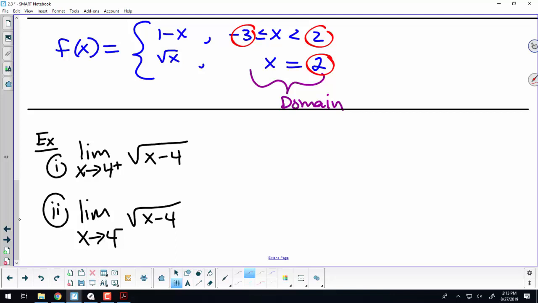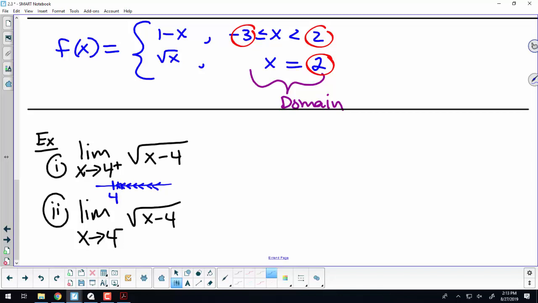So let's just say you forgot what that graph looks like. And this will kind of lead us into something we talk about in 2.5. As x approaches 4 from the right, let's say our 4 is here, and I'm approaching 4 from the right-hand side.